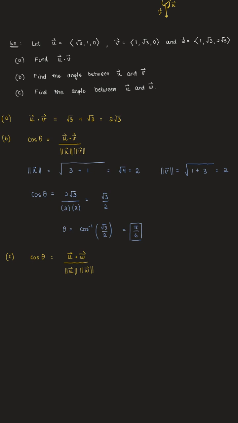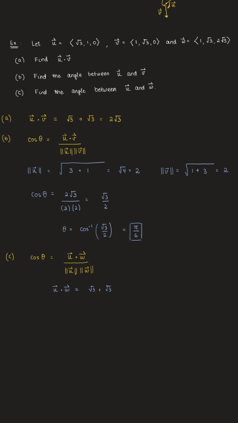So let's find the dot product of u with w. We'll multiply corresponding components and add. If you look above here, we'll have square root of 3 times 1 plus 1 times root 3. So we have so far root 3 plus root 3 when we multiply the second components together.